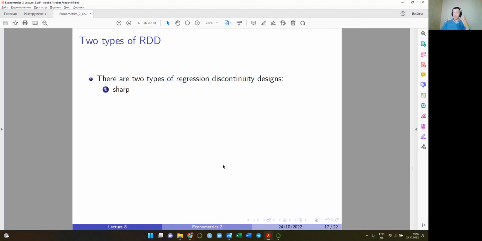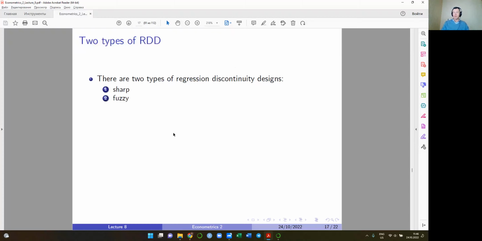So one is called sharp RDD, when there is a sharp threshold and everyone who is below the threshold is treated, and there is no possibility to decide which group you want to choose, and everything that is on the other side of the threshold is, for example, not treated. And fuzzy RDD. Fuzzy RDD is more realistic because people can decide. People can choose.